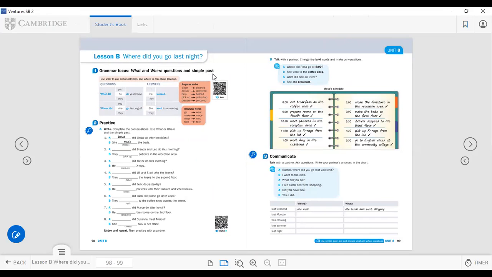After my students complete this lesson, I expect them to know how to use some regular verbs and some irregular verbs in simple past. So I have presented this lesson to my students, and I have made sure that they know these verbs in simple past, that they know how it works, how you create the question in simple past, and how the verb then changes to the simple past form to offer the answer.